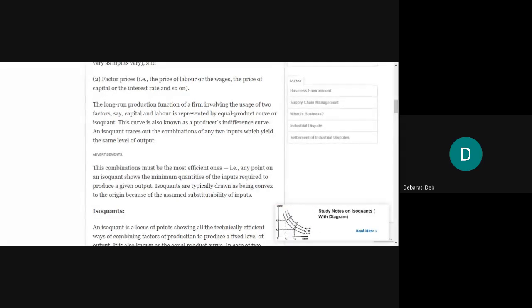These are the prime inputs that we had identified. If we try to represent this long run production function with the help of these two factors only, then we can represent that function with the help of the equal product curve, also known as the isoquant curve.